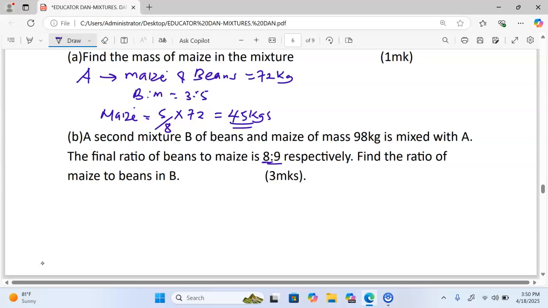This again is very easy. We have a mixture B which is made up of both beans and maize, and the total mass is 98 kgs.